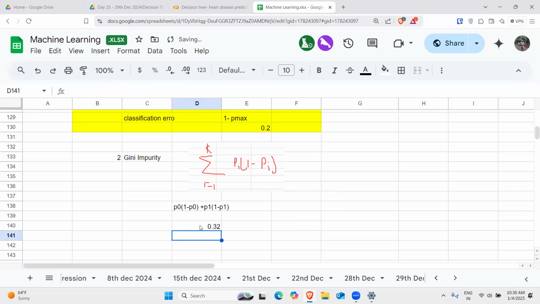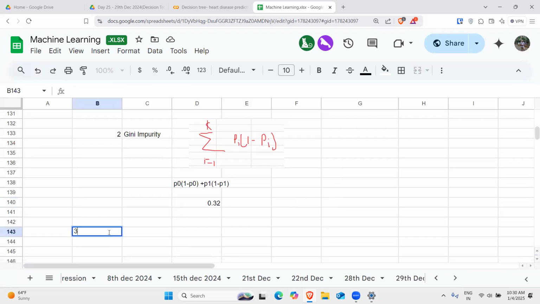That becomes 0.32, right? So your Gini impurity becomes this. And you have the third measure, which is your entropy.